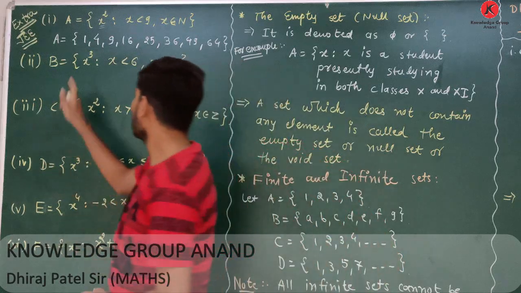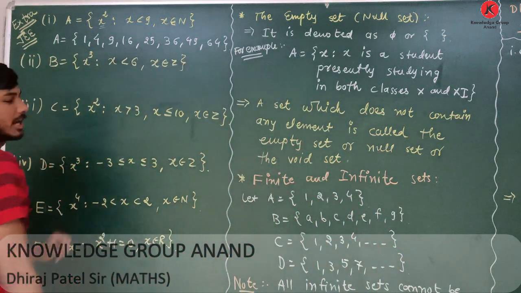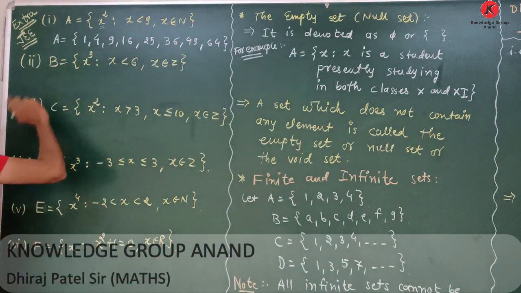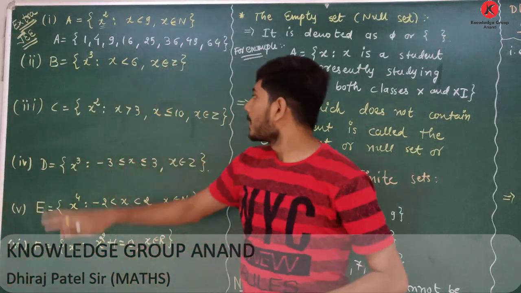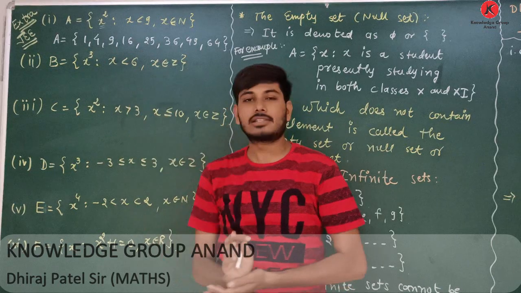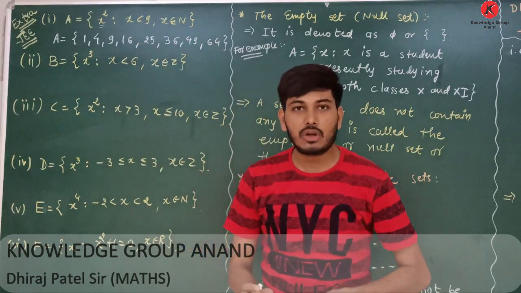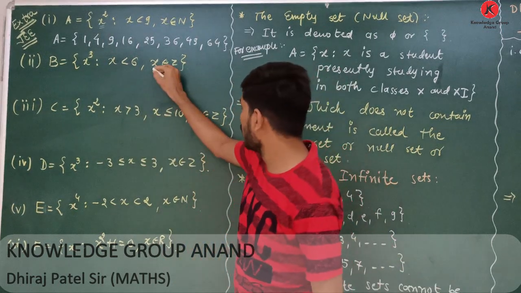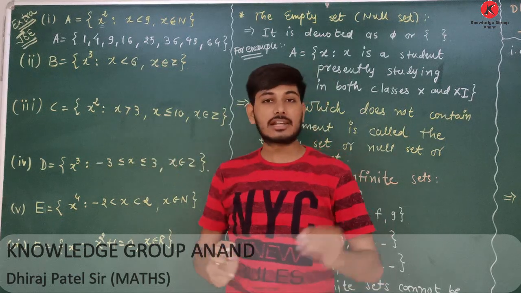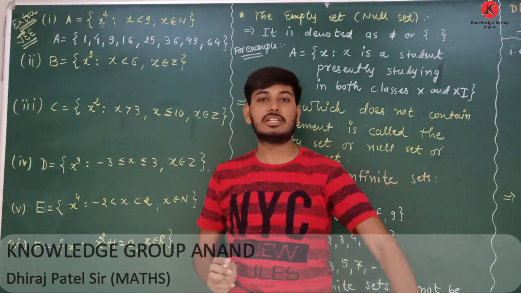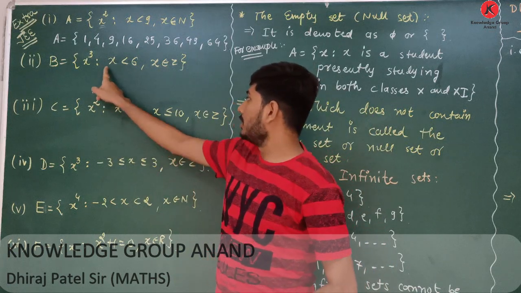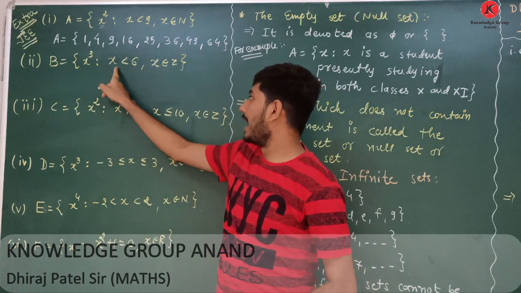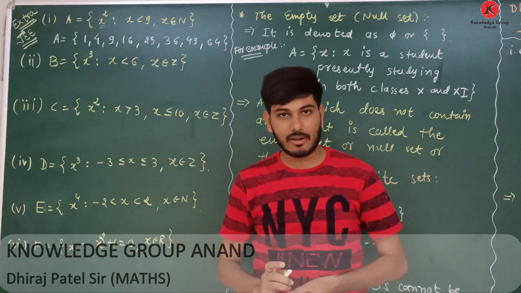Clear? Now, for the second question, set B equals x cube such that x less than 6 and x belongs to Z. So x belongs to Z, that means x is an integer. Now, list out all the integers which are less than 6.